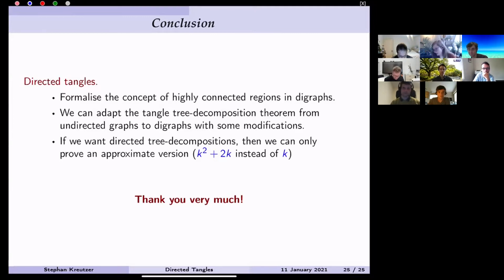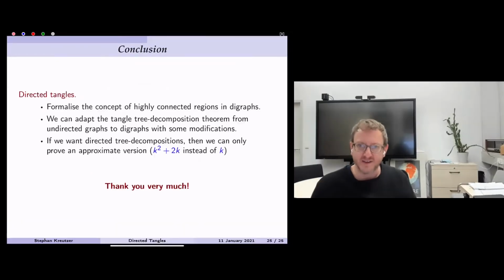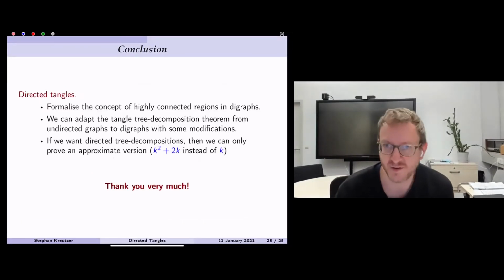So it's easier to see with brambles. If you have a directed bramble of order T, it gives you a tangle of order T over 3, and every tangle gives you a bramble of order T. So the numbers are slightly different from the undirected case, but it's a linear correspondence between the two.